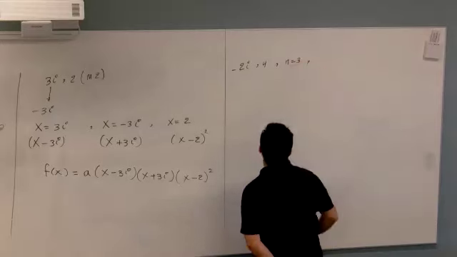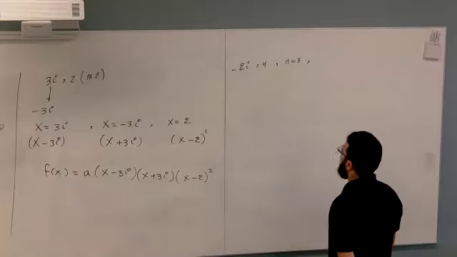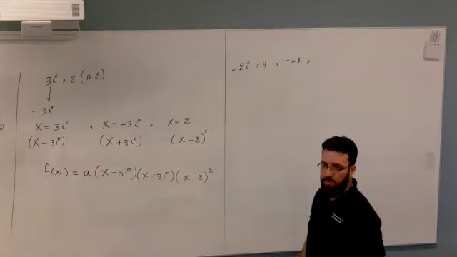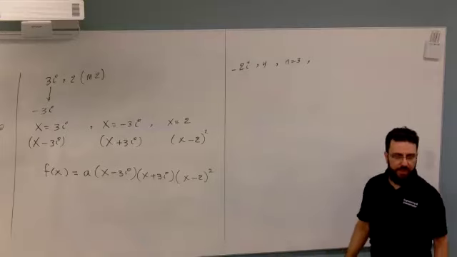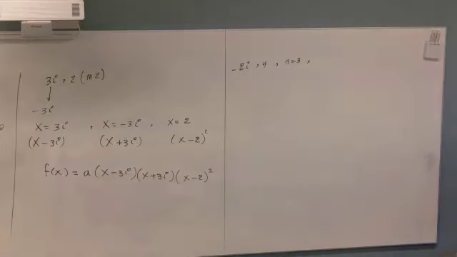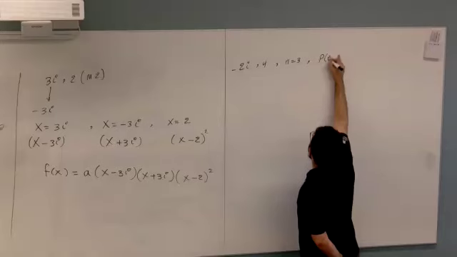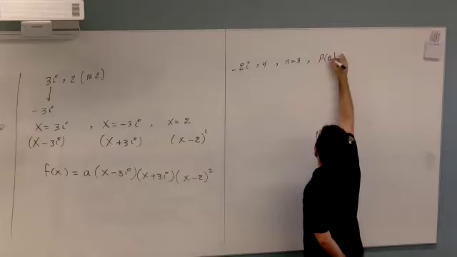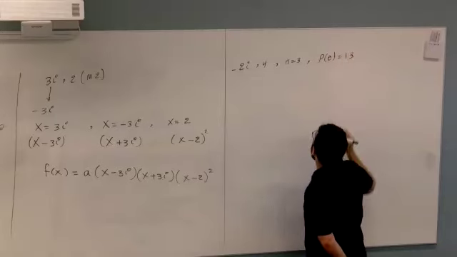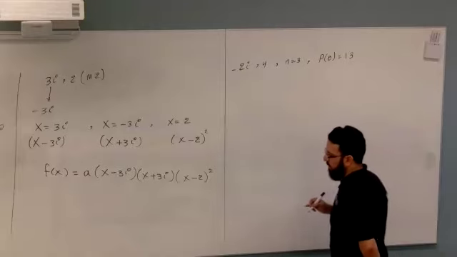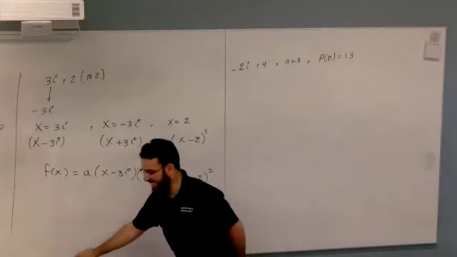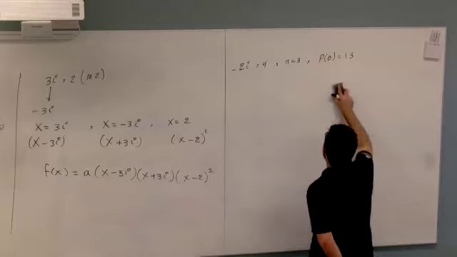What else? Number 7, right? We're solving number 7. What else do they tell you? P of 0 equals 32.